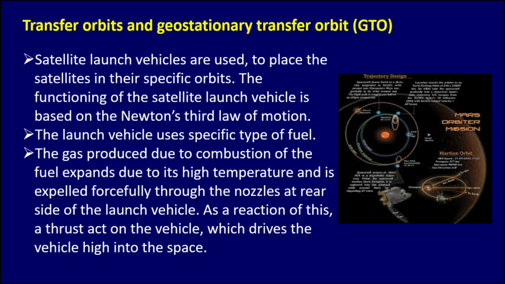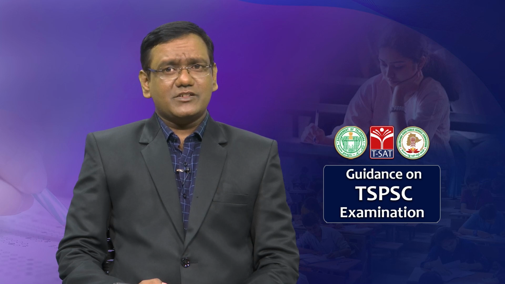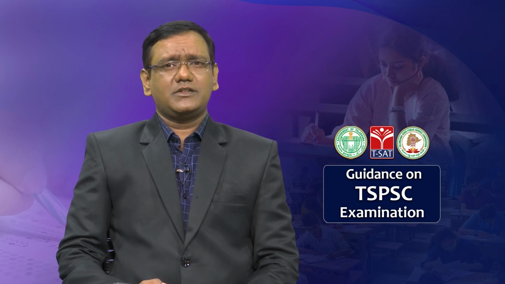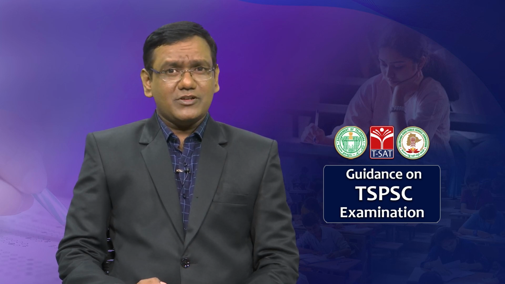The launch vehicle uses a specific type of fuel, and the gas produced due to combustion of the fuel expands due to its high temperature and is expelled forcefully through the nozzle at the rear side of the launch vehicle.